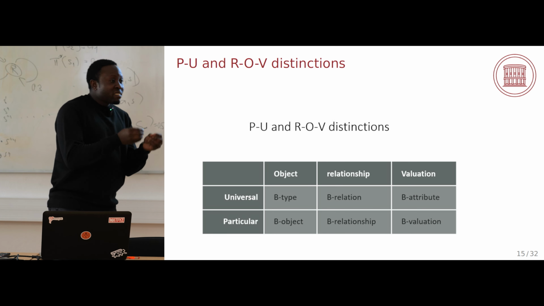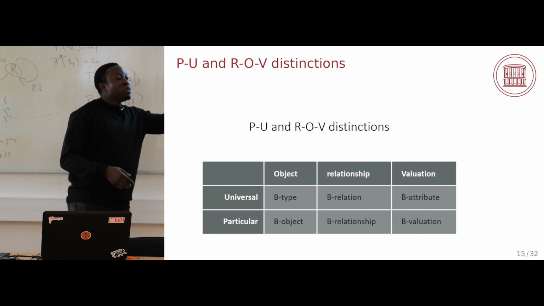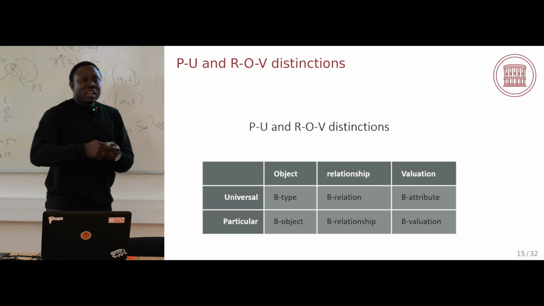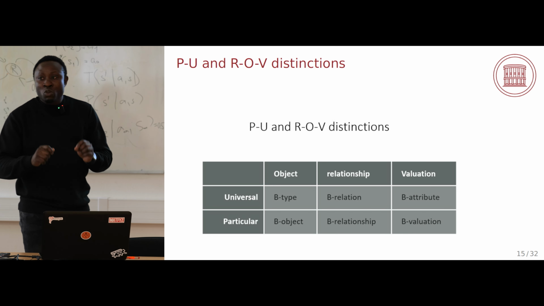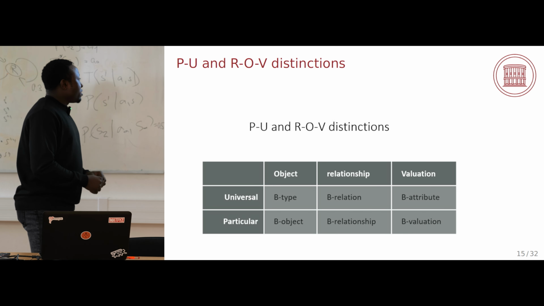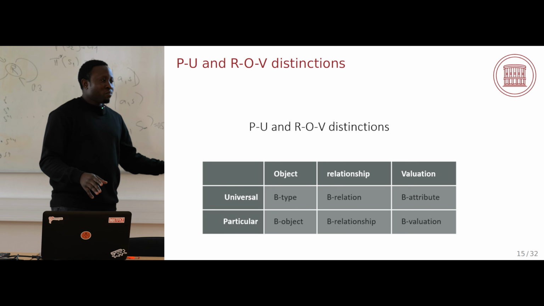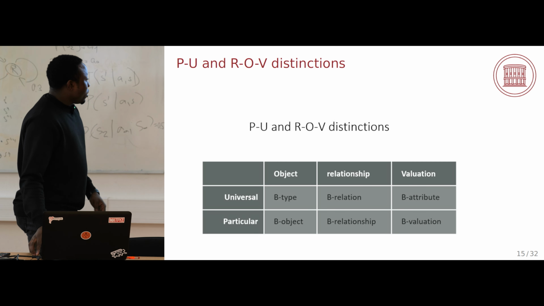They are more like the data properties in OWL, and their instances are B valuations, which are values. They assign values, more or less in this case, we are looking at literals, not strings. B objects are more like concrete individuals. It could be concrete individuals or abstract individuals, as the case may be.